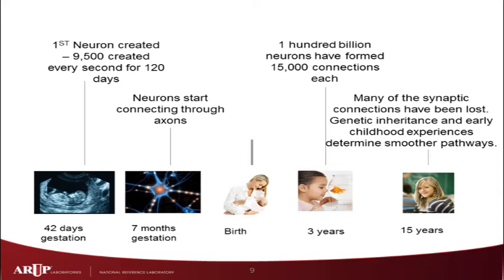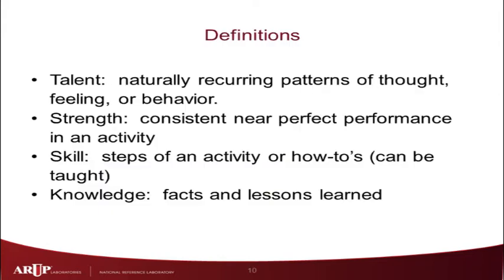And that's where our brain starts to follow the path of least resistance. As those connections are made, those that are not used are obviously the ones that are lost. But those that are used by way of genetic inheritance or our experiences early on, those are the ones that become well-traveled and smoother pathways.